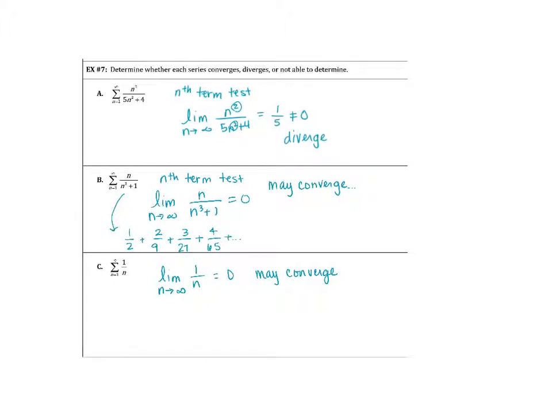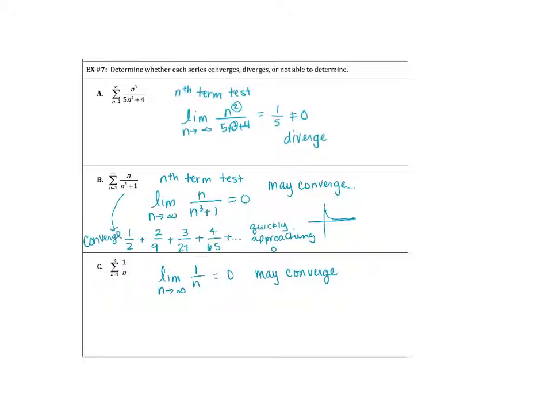So notice this is quickly approaching 0. If we graph this, we're going to see this graph doing all kinds of stuff, but as it gets bigger and bigger x values, it's going to get really close to the x-axis. So this one will converge. This series here does indeed converge.